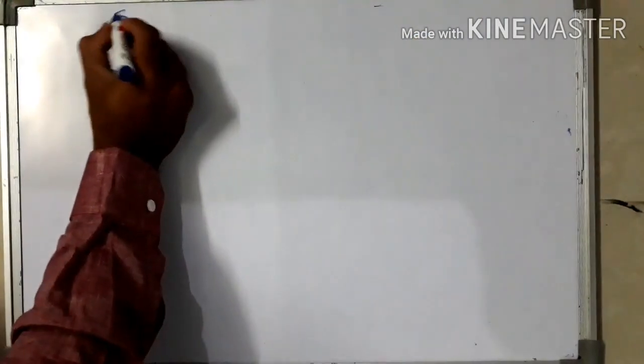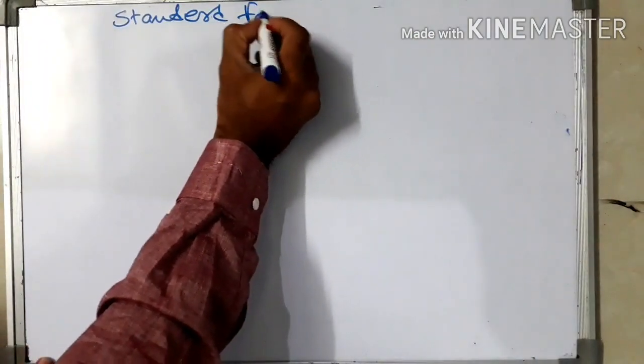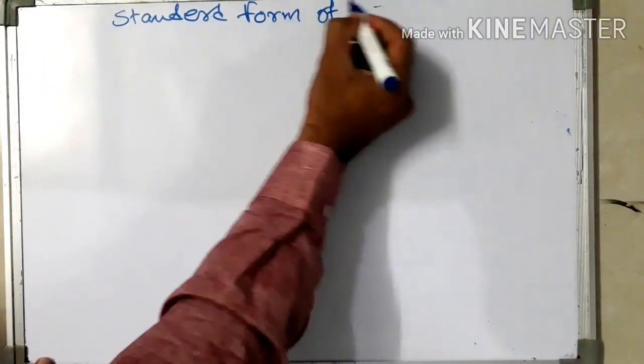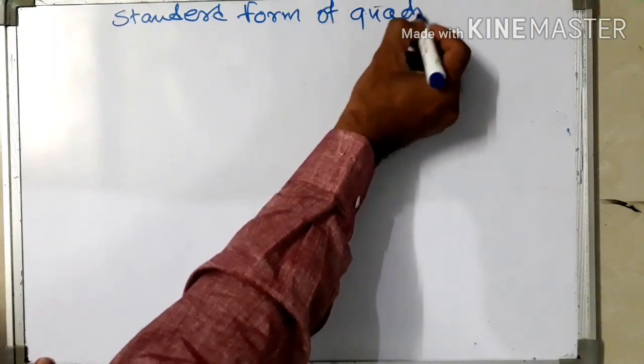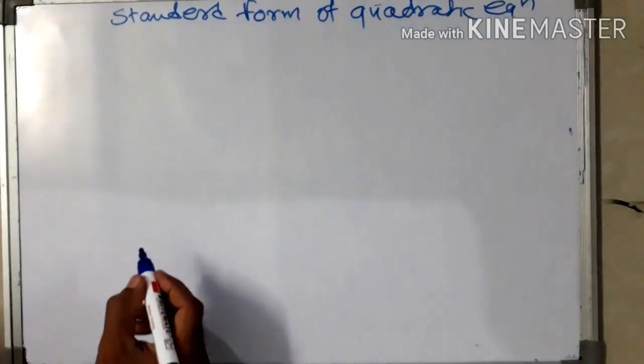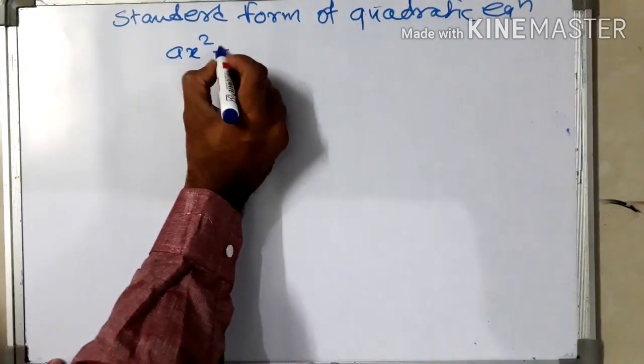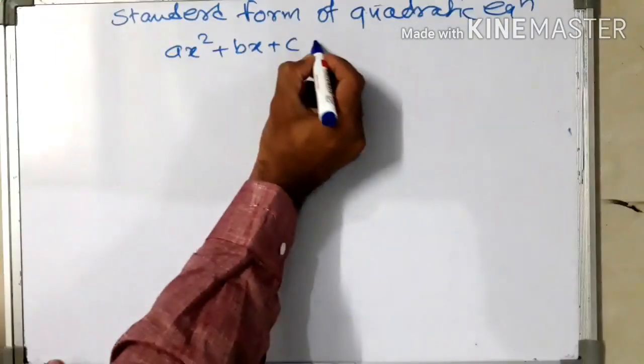Now, the standard form of a quadratic equation: ax square plus bx plus c equals 0.